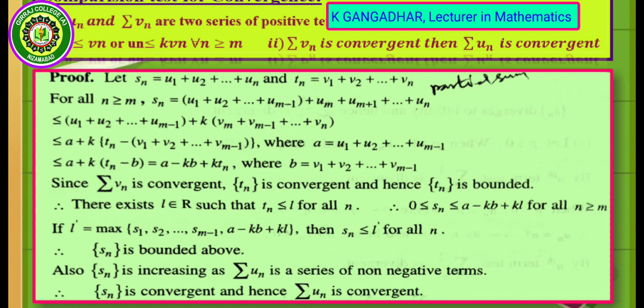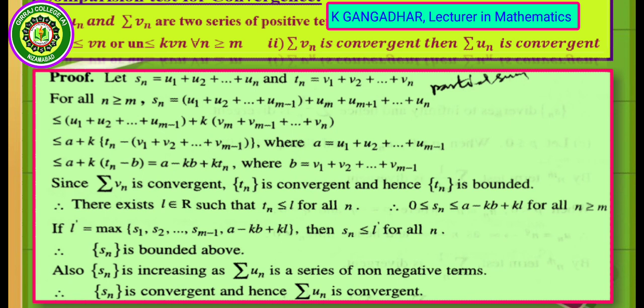Therefore the sequence Sn is increasing and bounded above, so we say that the sequence Sn is convergent. If the sequence Sn is convergent, then the series sigma un is also convergent.